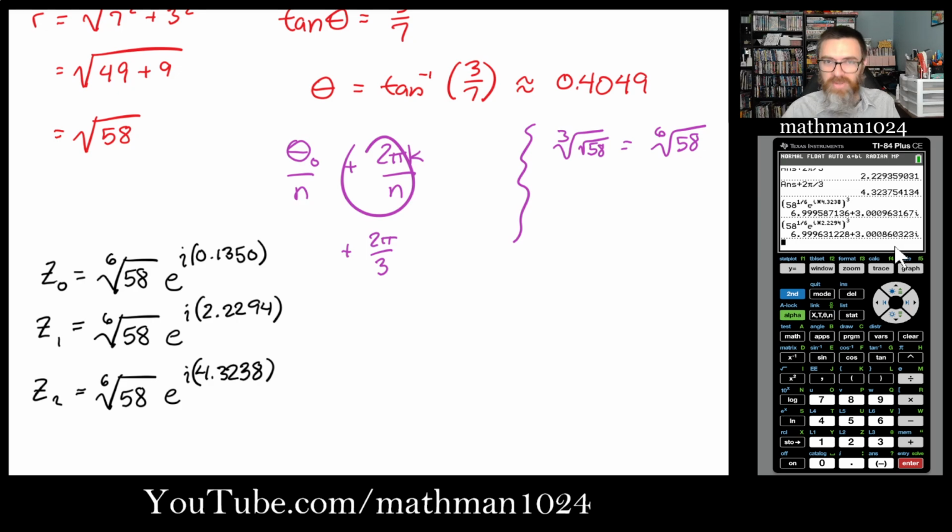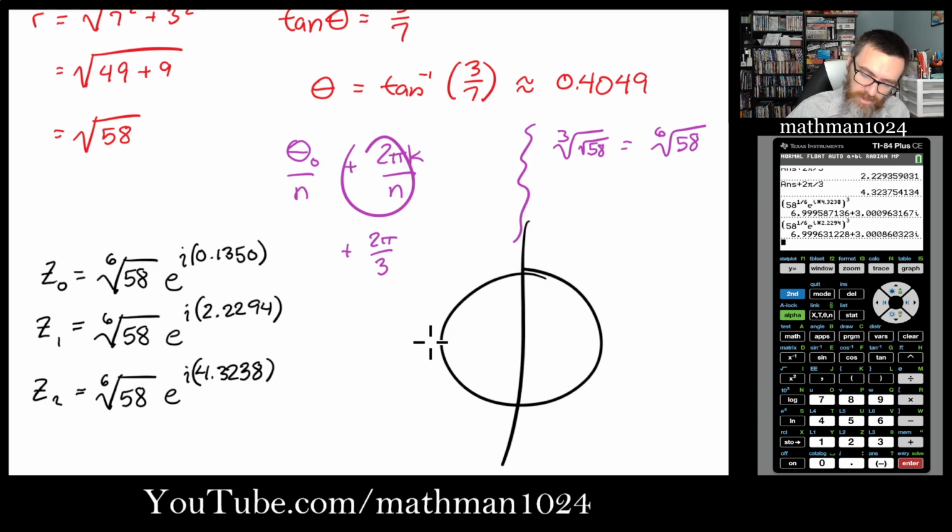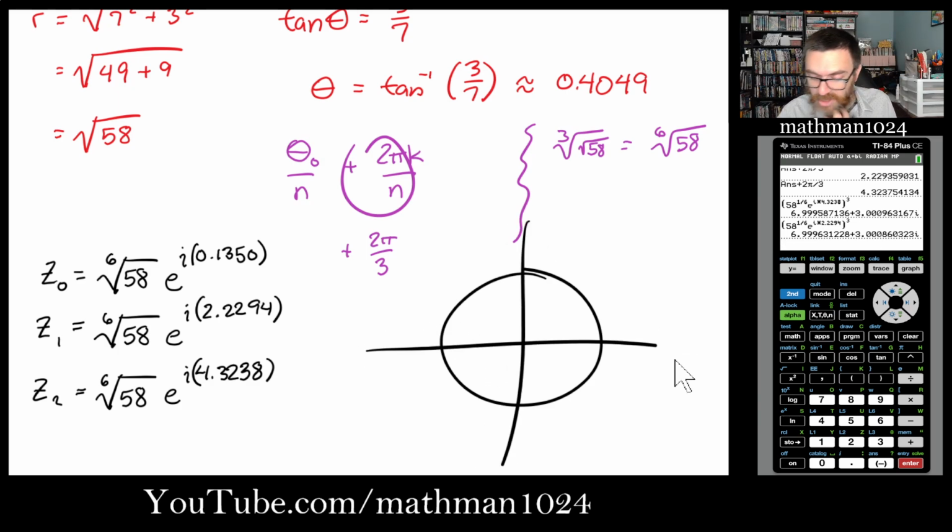So with all these problems, you got to find the r, find your theta, and you have to go and build what those different angle measures are going to be. And if you were to look at these numbers on a grid, you would see that they would all be around a circle, and they would all be evenly spaced out. If we were to convert these into degrees, I'm not sure exactly where these are.